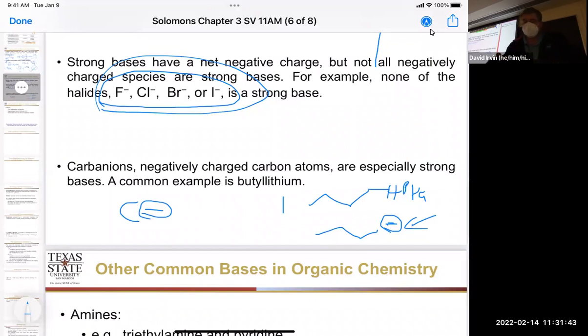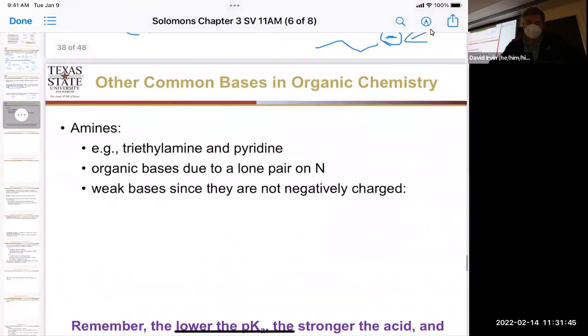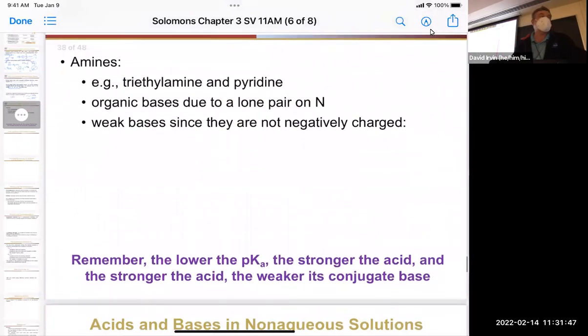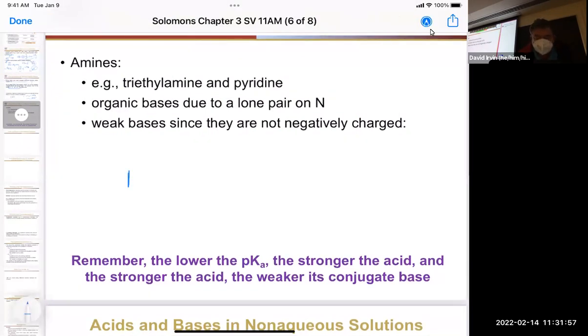Okay, so another common one that we have are the amines. The amines can be pretty decent bases. Let's say we have 3 ethyl groups hanging off this nitrogen, but we have this lone pair, right? That lone pair can act as a Lewis base.